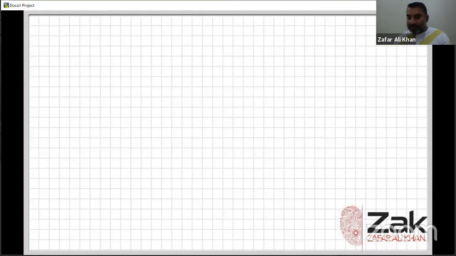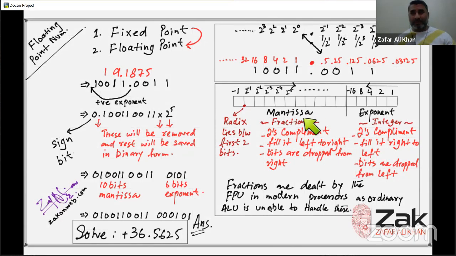Now the question arises: how many bits are allocated for the exponent and how many for the mantissa, how will we define it or assume it? No, we won't be assuming anything. It will be given in the question how many bits are allocated for the mantissa and how many for the exponent.